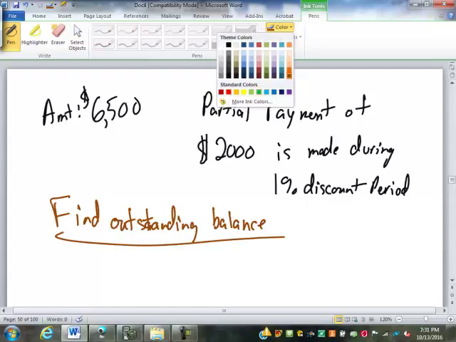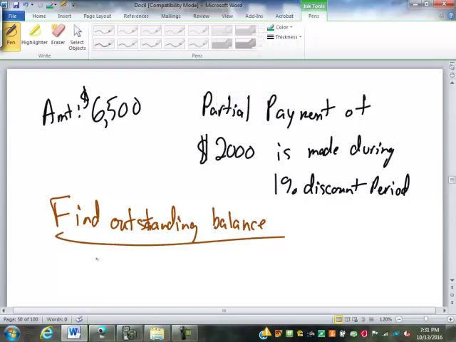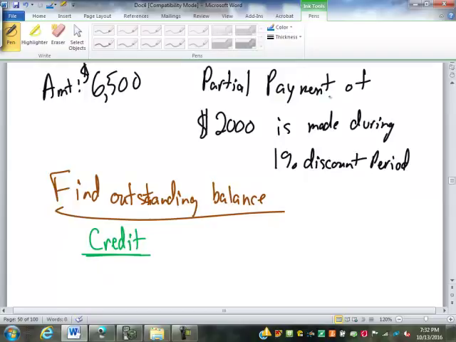So the first thing we need to find here is the amount of the credit. How much gets credited to our account? How do we find the amount of the credit again? Well, it's the reverse of that discount formula. We're going to take the dollar amount here, which is $2,000, and instead of multiplying by the complement of the discount, we divide.